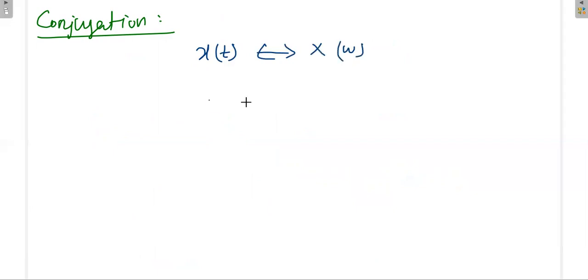If you take the complex conjugate in the time domain, that means x of t becomes x star of t, then what is the corresponding Fourier transform pair? In the frequency domain, you have to apply the star operation, and also change the variable to minus omega. Wherever omega is there, you change it to minus omega, and also apply the overall star operation.